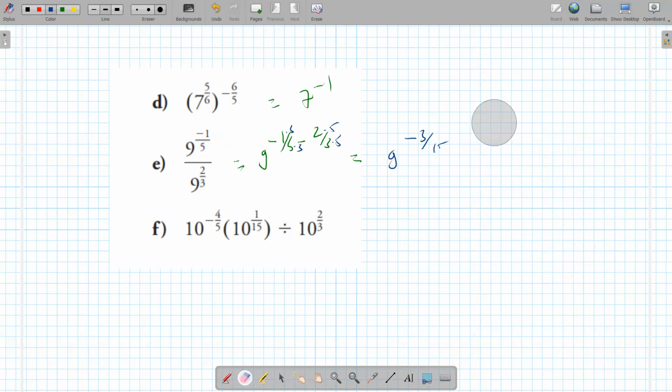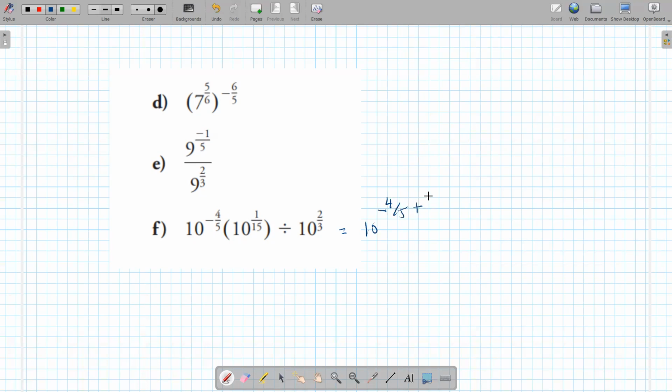What about F? What do we do there? You add and then you subtract. So this becomes -4 over 5 plus 1 over 15.